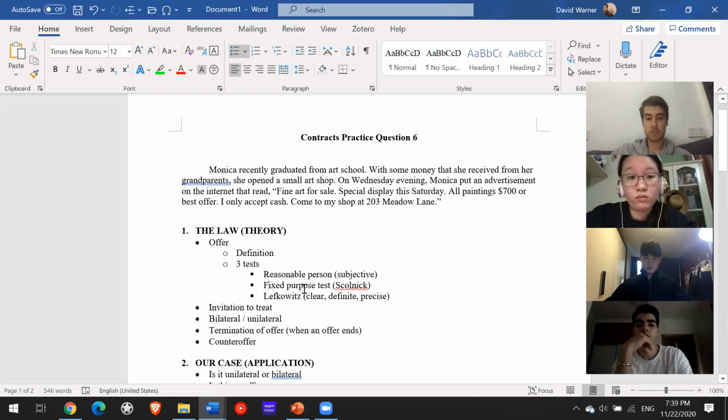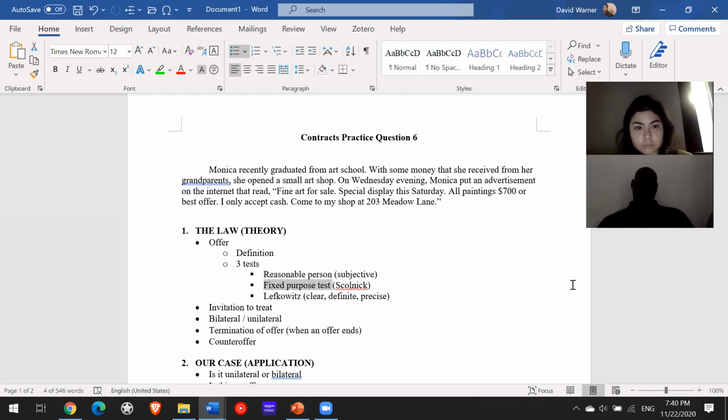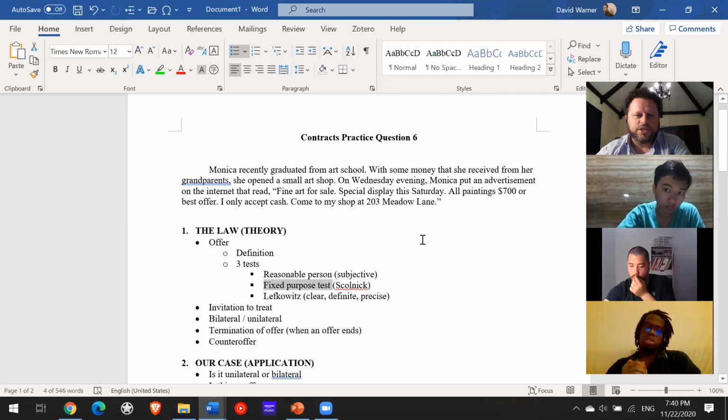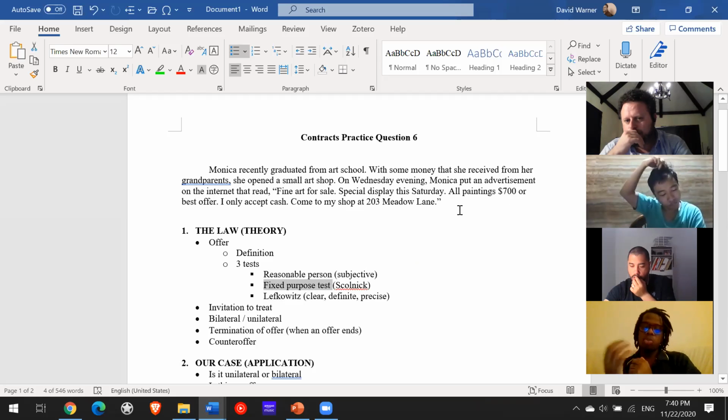Okay, what about the fixed purpose test? Does this pass the fixed purpose test? Now you have to know what that means. Does anybody remember? Like the final offer. Florian, tell me, does this pass the fixed purpose test? It's like when you give a price and you get something in exchange. I'm not sure what you mean.